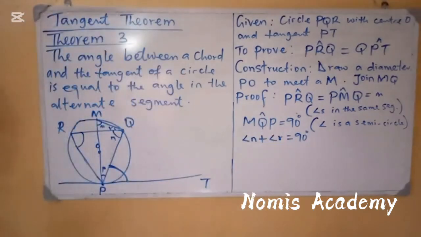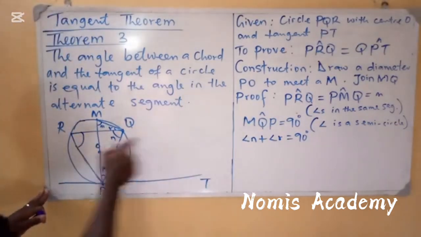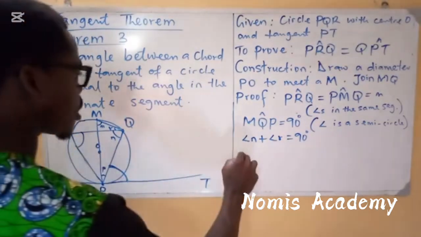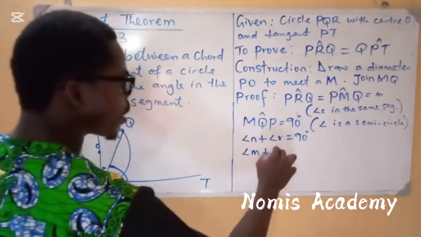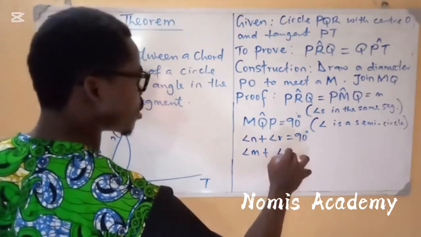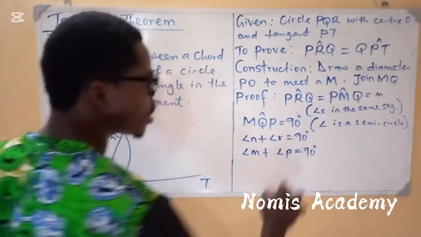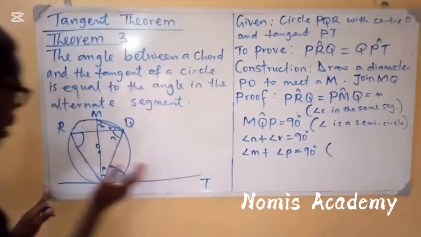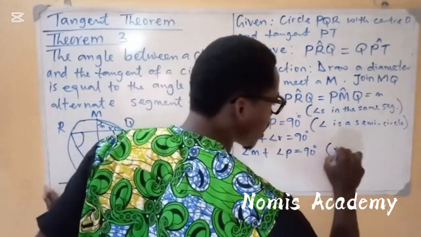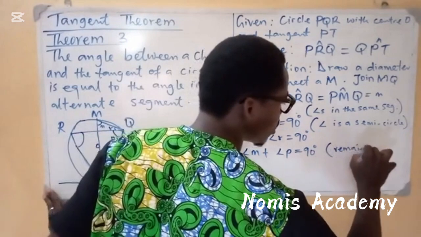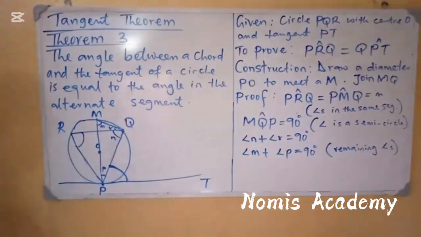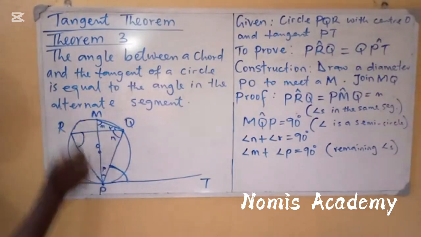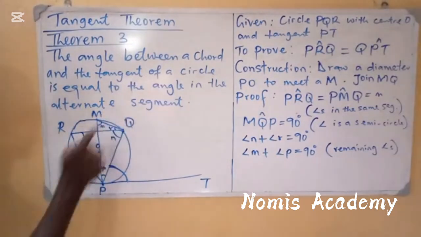If this particular angle is 90, then it means angle M plus angle P is 90 degrees, which are the remaining angles of the triangle PMQ.